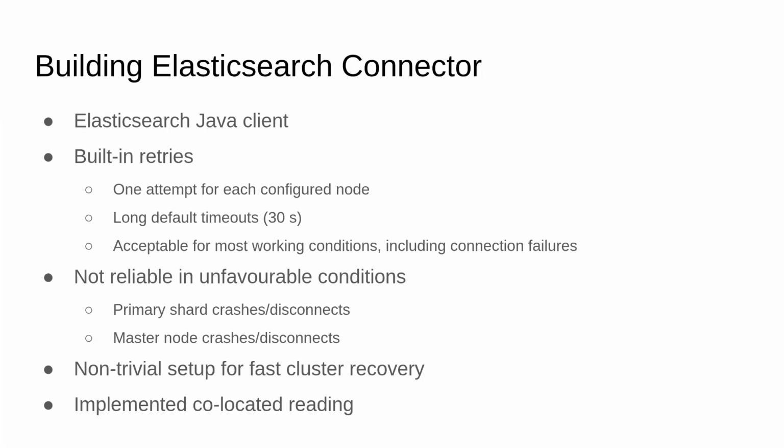The client tries to connect to another node with a shard and tries to write the data to that node. But because the primary shard just disappeared, it can't perform the operation because no new primary shard was promoted yet. And it does this for all nodes in a very short sequence of time because there is no delay between those requests. And basically it fails the request, and then we have to wait for a while and retry the operation again.